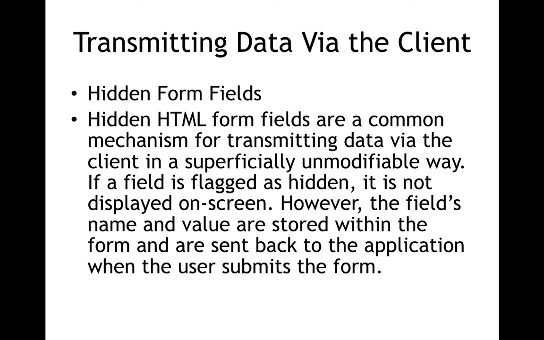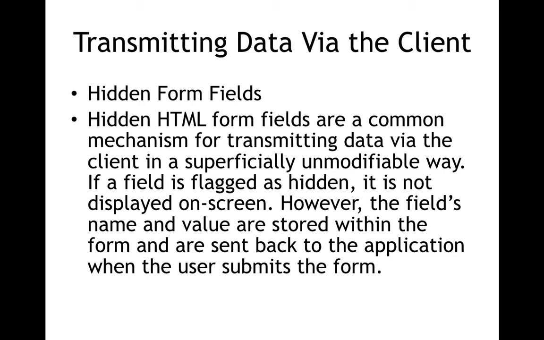It's very common to see applications passing data to the client in a form that is not directly visible or modifiable by the end user. In expectation that this data will be sent back to the server in subsequent requests, application developers often simply assume that the transmission mechanism used will ensure that the data is not modified.